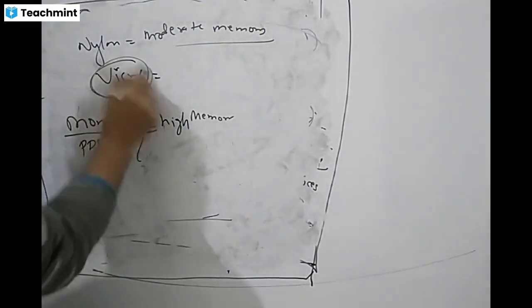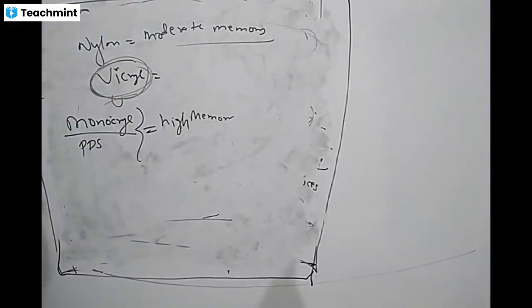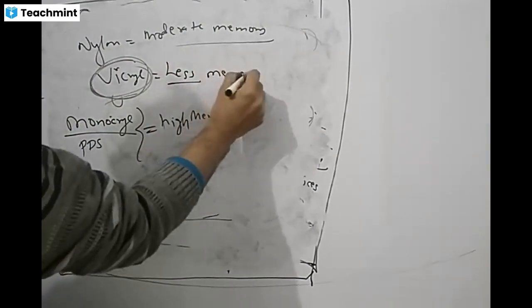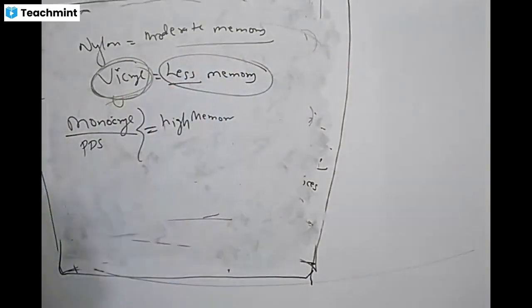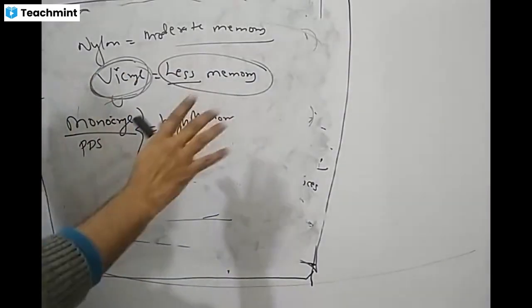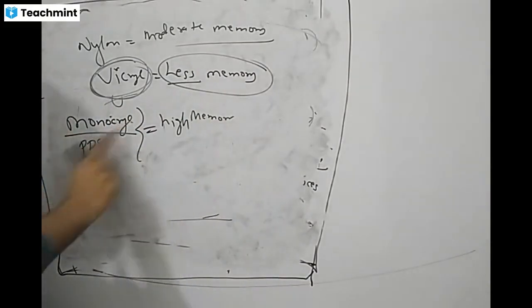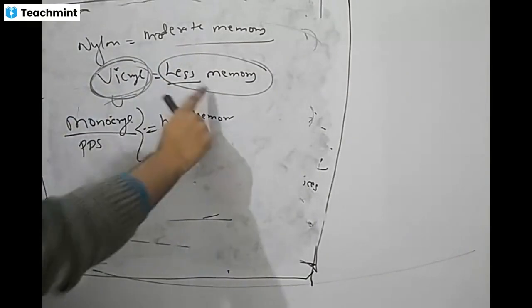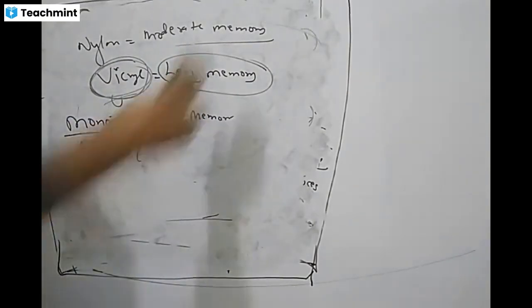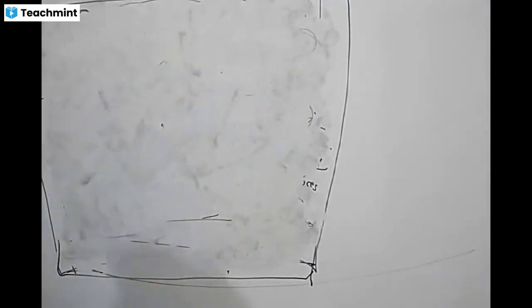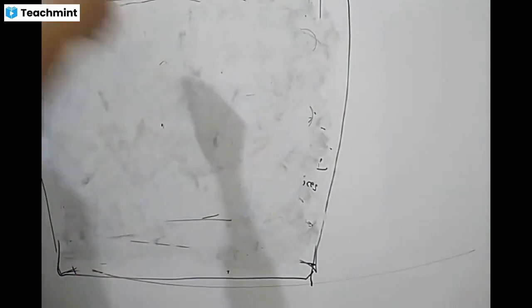Vicryl is the best suture material. It has good flexibility and less memory. So I have given three examples: monocryl and polydioxanone, high memory; nylon, moderate; vicryl, less memory. So a suture material to select should have the least memory.